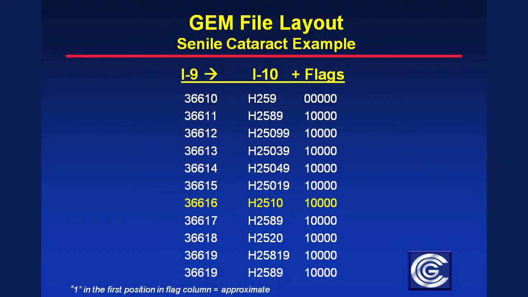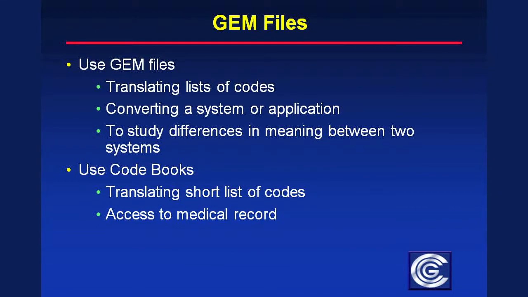To complete our assignment to find the right ICD-10 code, we use this information as a starting point to enter the tabular list. Then, in due course, we'll arrive at H25.13, but a little bit faster than using the alphabetic index. GEM files have some use, but are far from perfect.